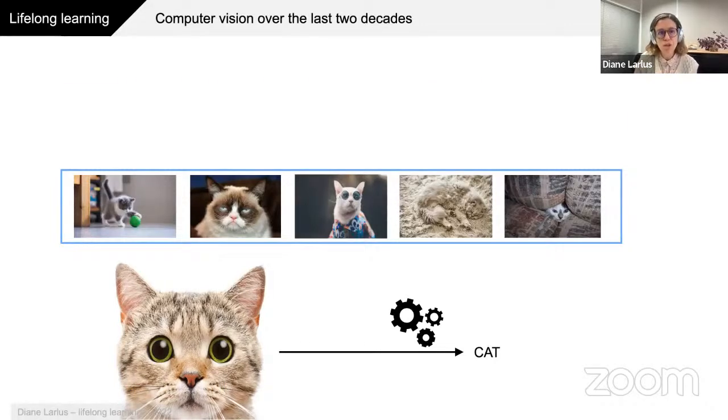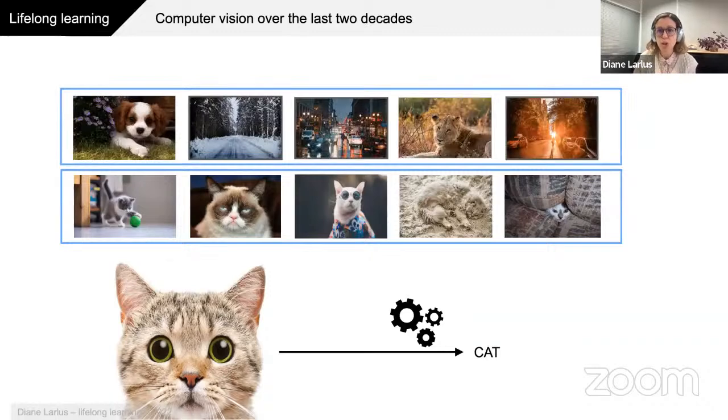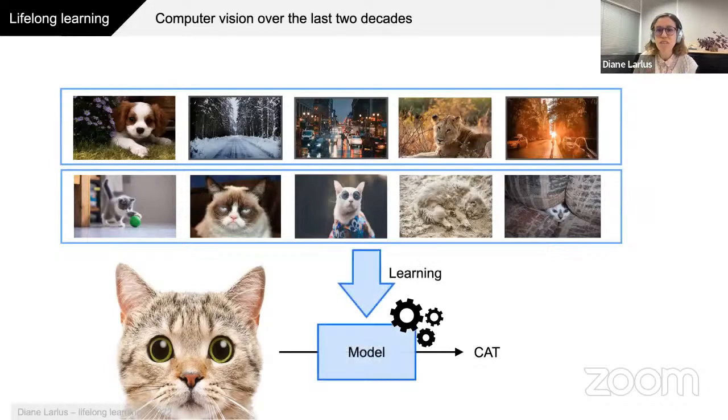Optionally, you can use images of what cats shouldn't look like. And once you're equipped with this, you can train your favorite model, for example, a deep neural network, in order to be able to predict when a new image comes along that, of course, you've never seen during training. Then your model can predict if the image contains a cat or not.